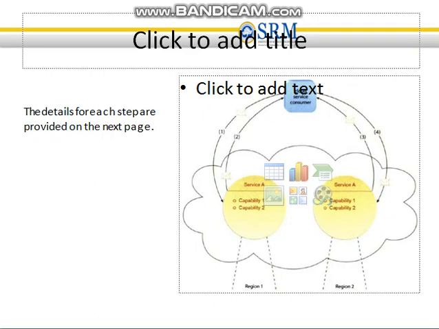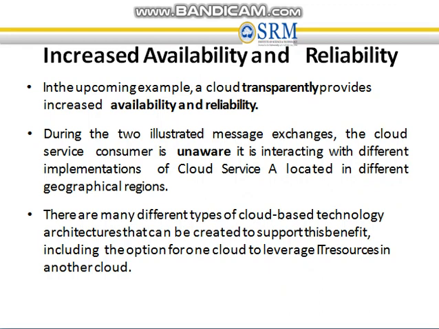This clearly shows the scenario of how availability and reliability work in a cloud service. There are many different types of cloud-based technologies and architectures that can be created to support this benefit, including the option for one cloud to leverage IT resources in another cloud.